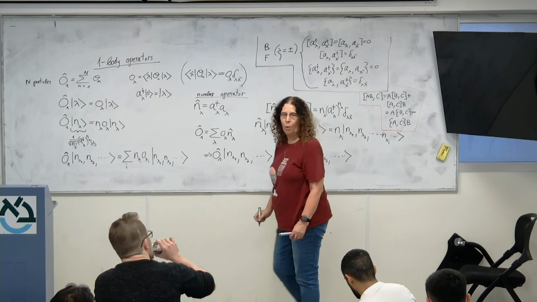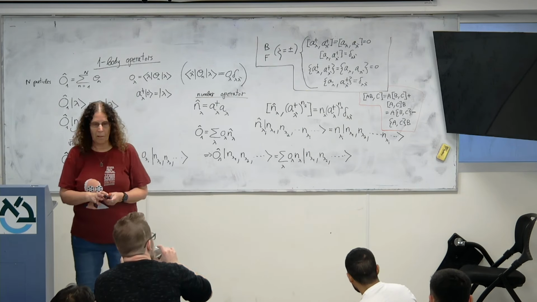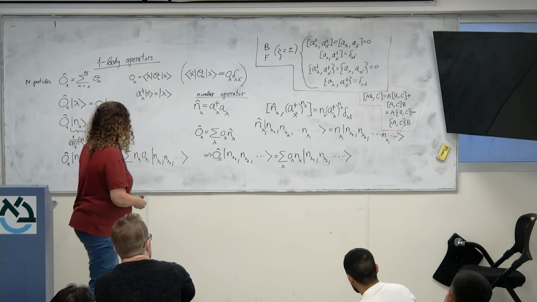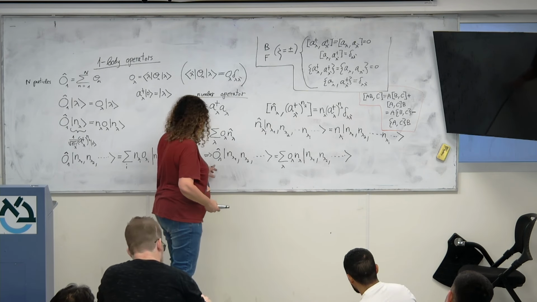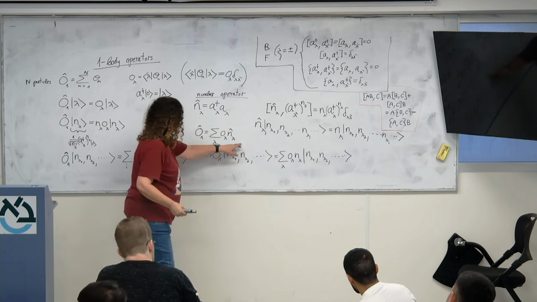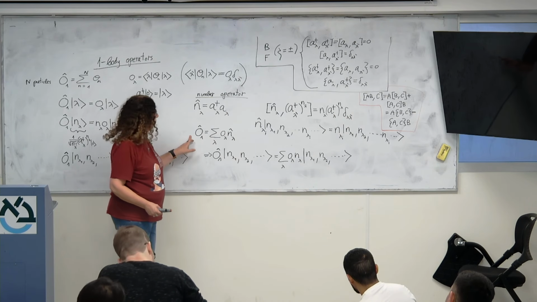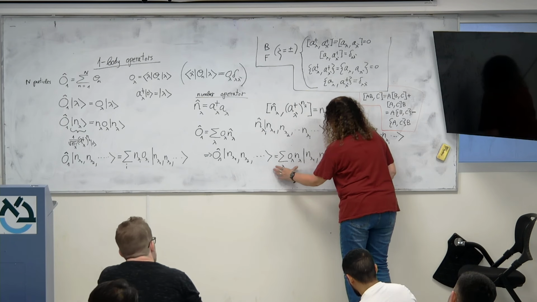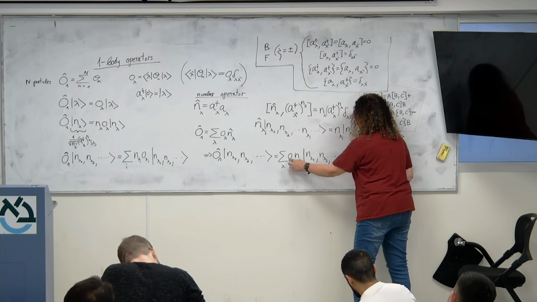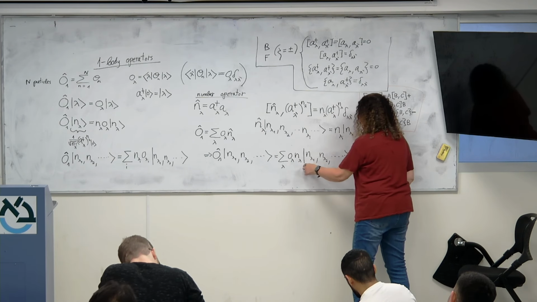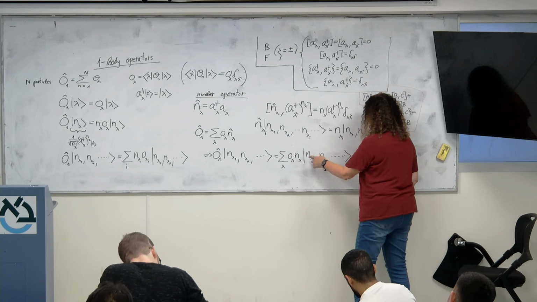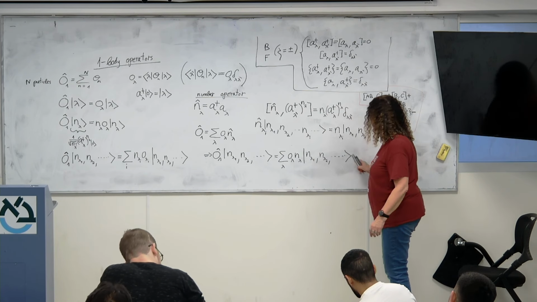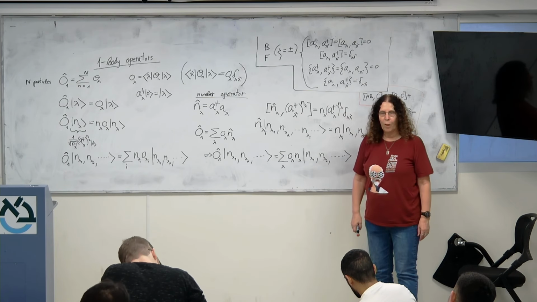Okay, so in other words, all Fock states in our basis are eigenstates of this operator with eigenvalue that is nothing but the sum over lambda of O lambda n lambda, where n lambdas are the occupations that appear here.